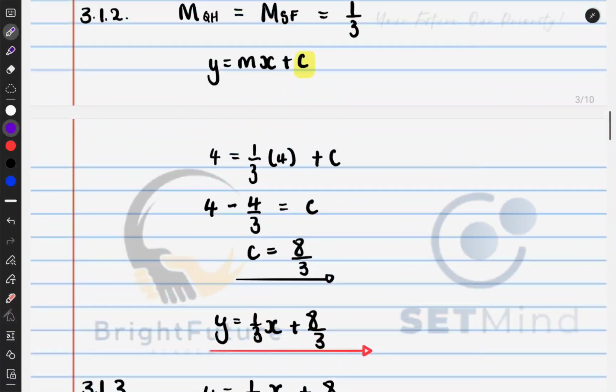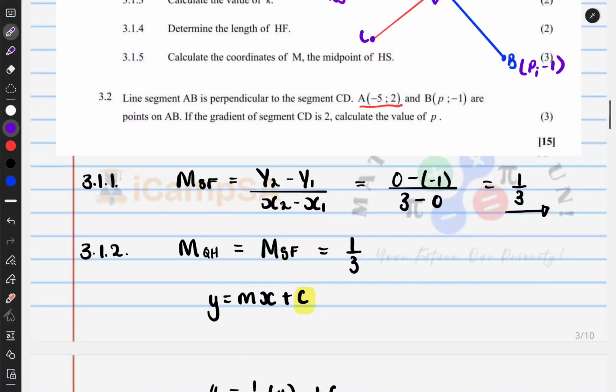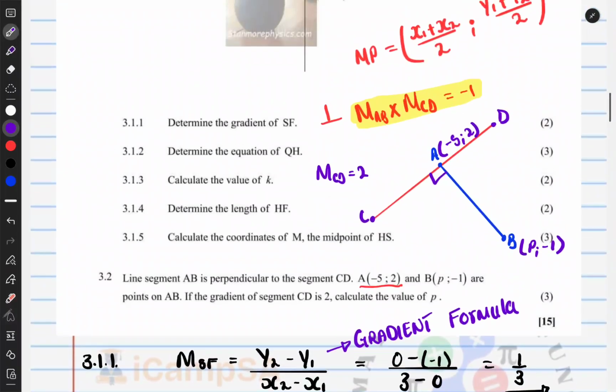That's the distance formula, and then therefore the straight line equation. And then here you have the gradient formula. This is the gradient formula. So there you have it, guys. That is how you go about answering those questions.